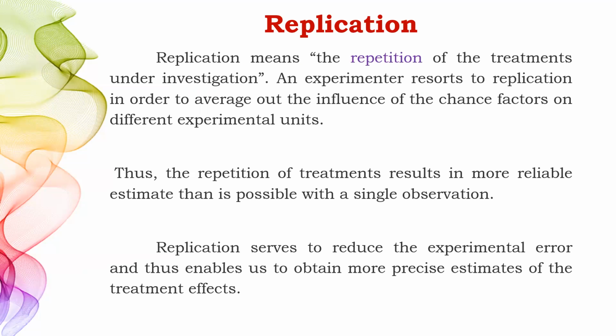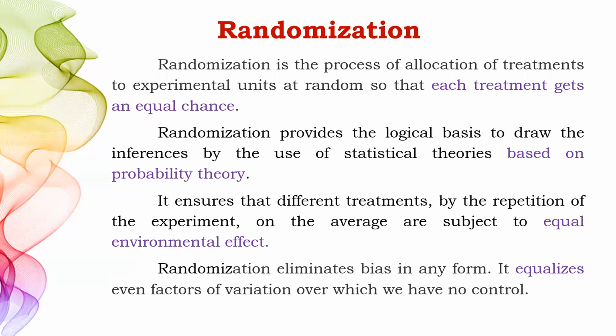Thus, the repetition of treatments results in more reliable estimates than is possible with a single observation. As the name goes, repetition. So repetition or replication serves to reduce the experimental error and thus enables us to obtain more precise estimates of the treatment effects.